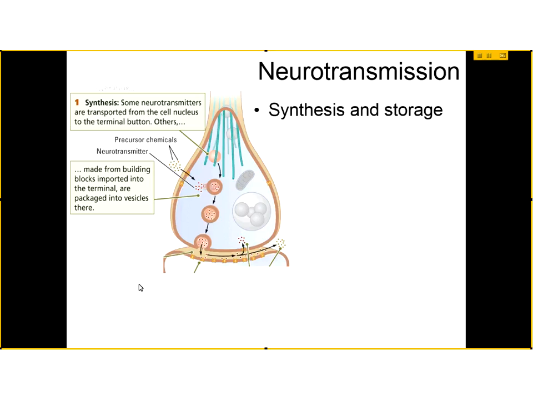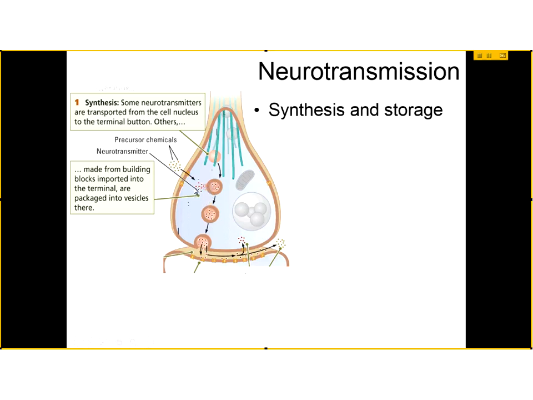Messenger RNA then translates into protein via the ribosomes. The proteins are packaged up at the Golgi apparatus and the vesicles. Those vesicles can then be communicated down here via the microtubules and then removed and stored someplace. So we've made those there, and some neurotransmitters are made that way.